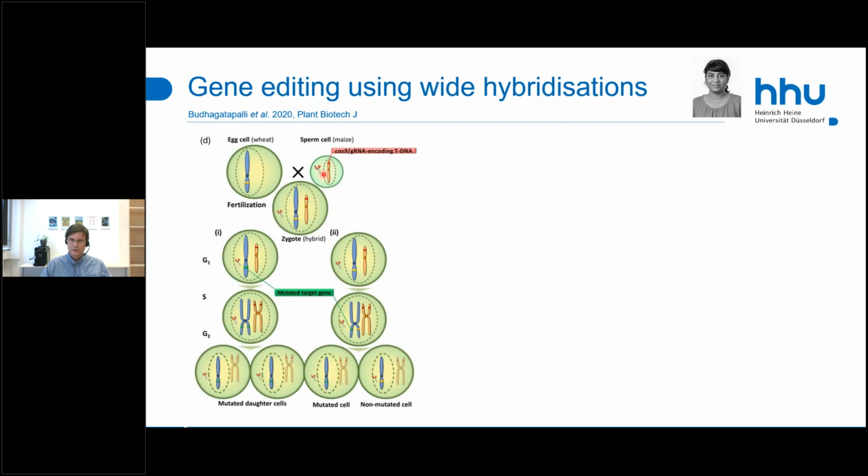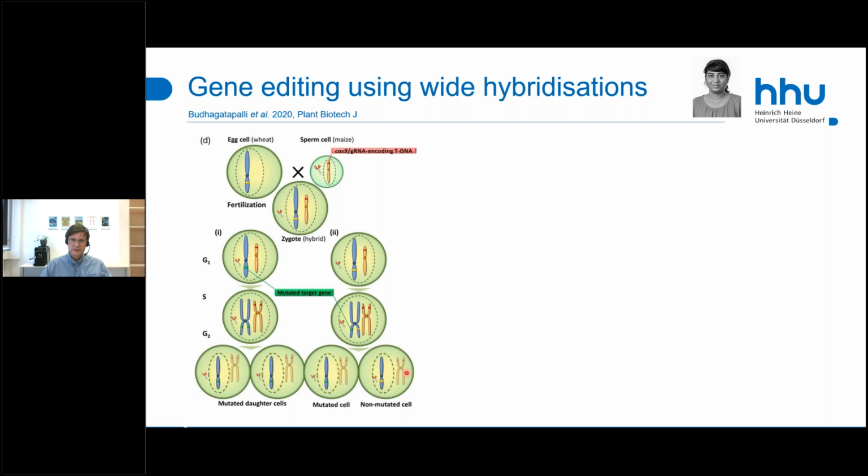Within the maize, it will not induce a mutation. But if this is fertilized to an egg cell of wheat, then during the zygote and further development, you will induce a mutation in the target genome, while afterwards you get rid of your transgene.